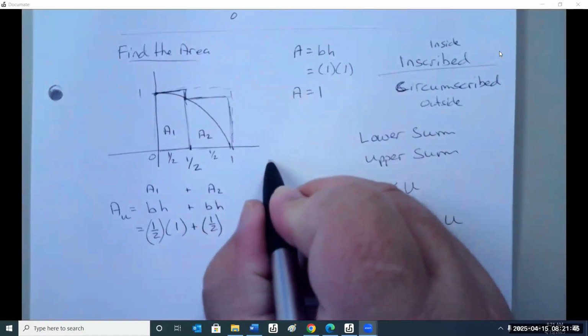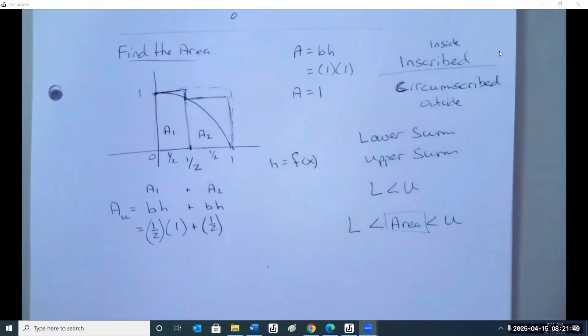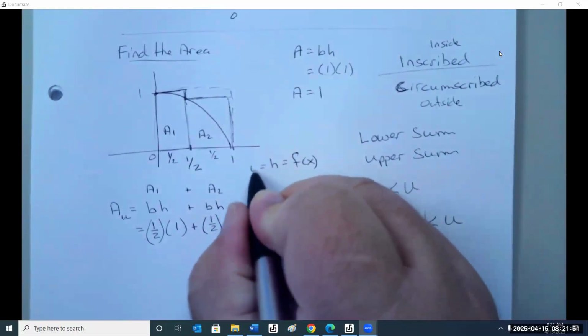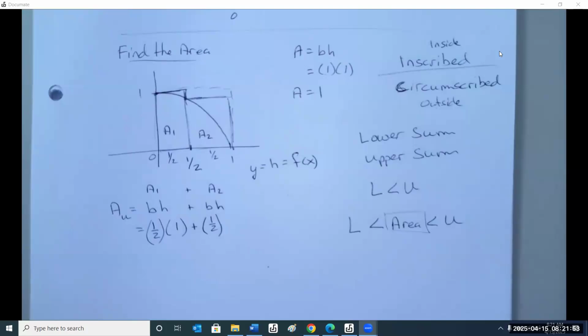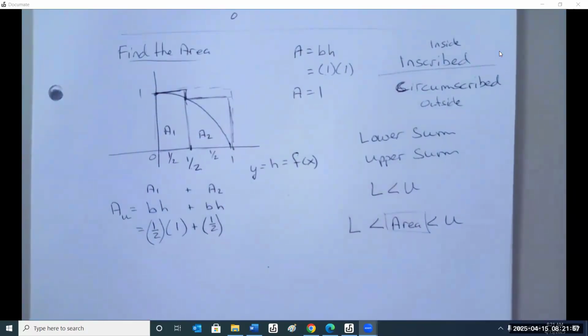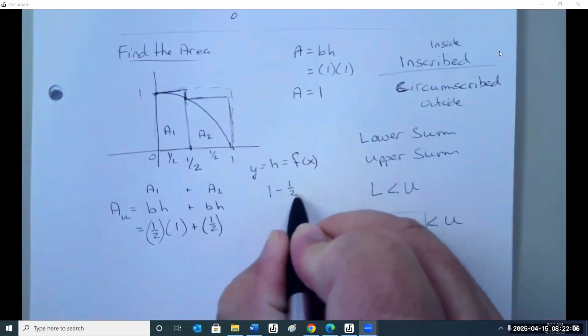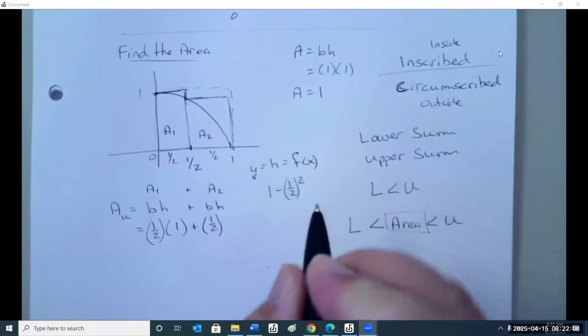The height is our f of x. Remember, the height is the y value. So what is it when x is 1/2? 1 minus 1/2 squared.